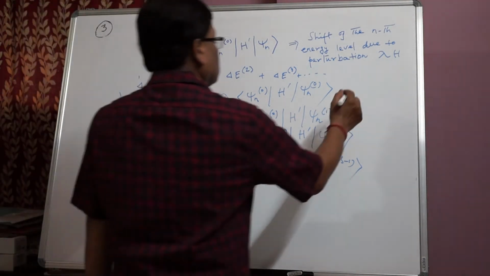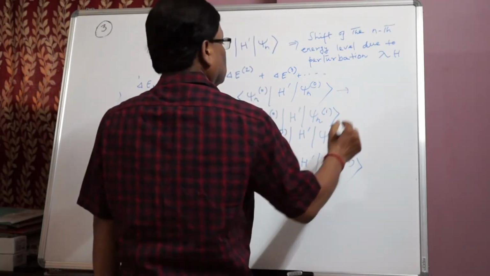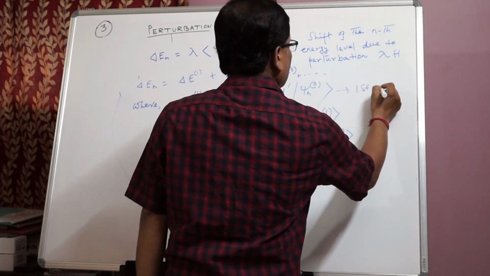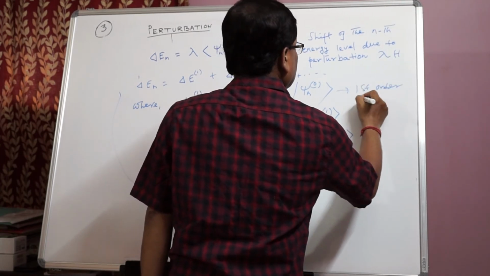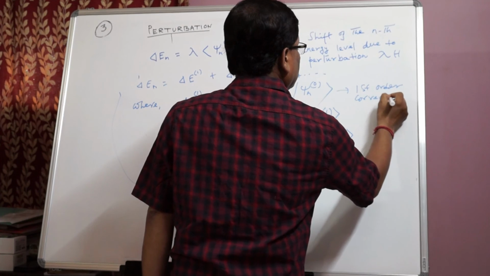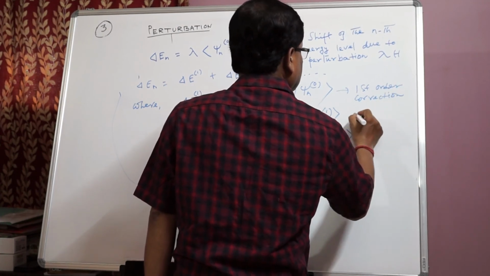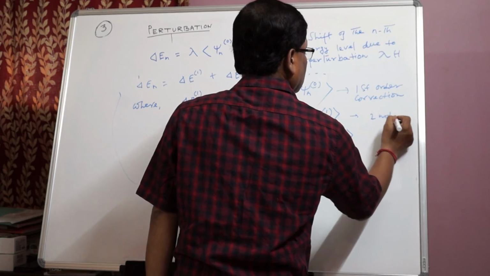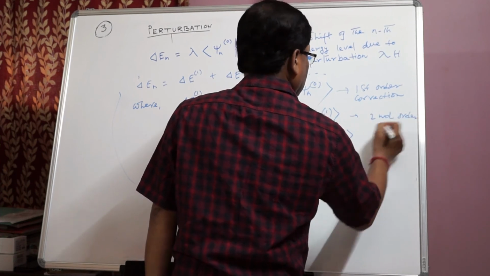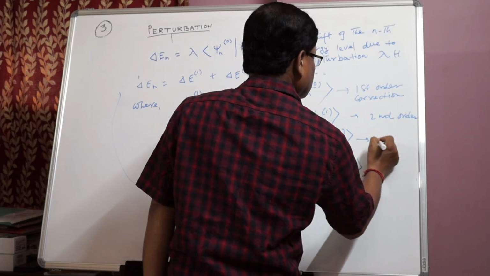so this gives the first order correction to the nth energy level. This gives the second order correction. This gives the third order correction.